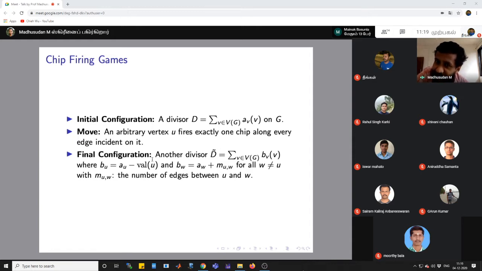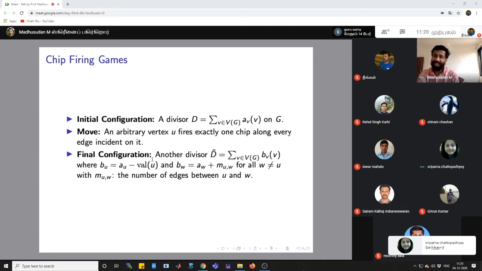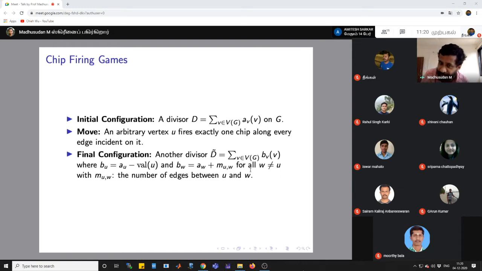Even a negative number of chips you can realize in terms of this basic move, because if all the vertices apart from U fire, that is the same as getting U to fire minus one chip, if you think about it. So this way you can realize a vertex firing any integer number of chips as long as it is the same number along every edge incident. Any questions?